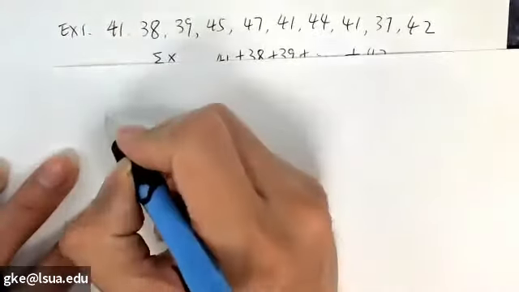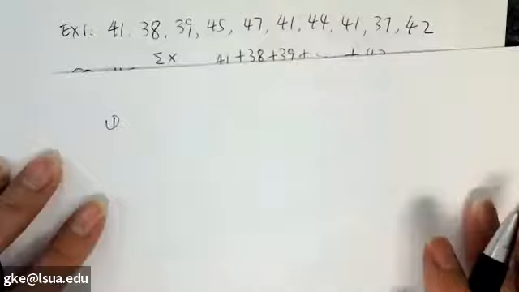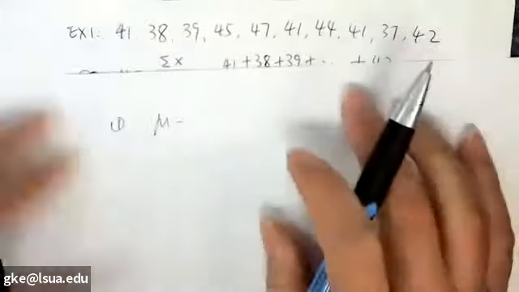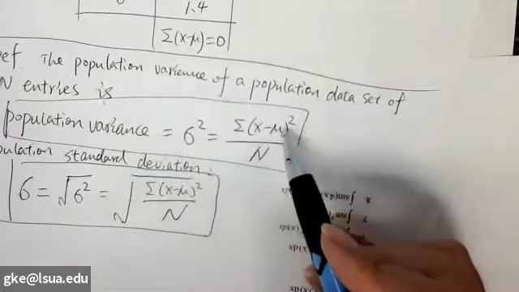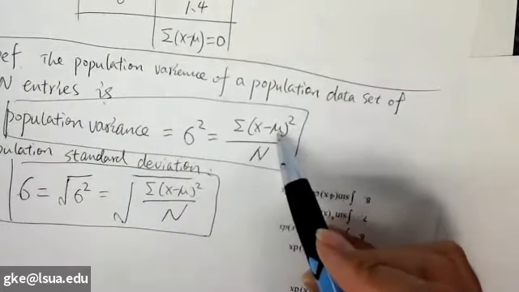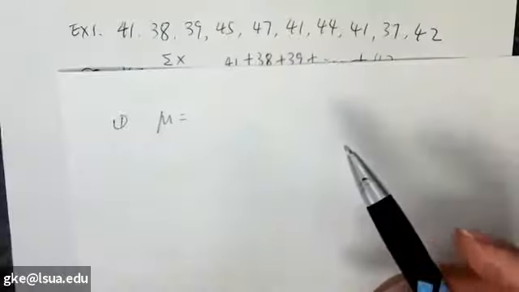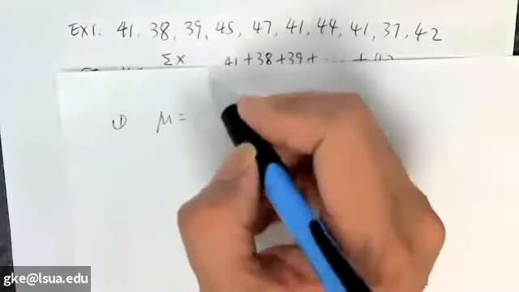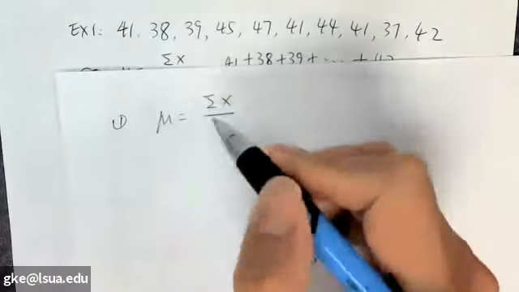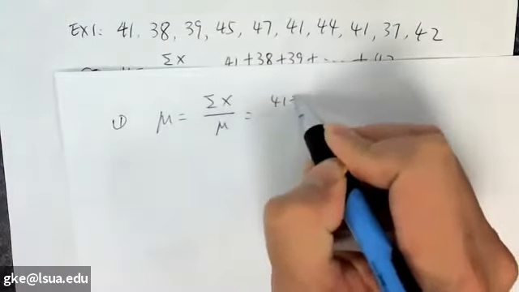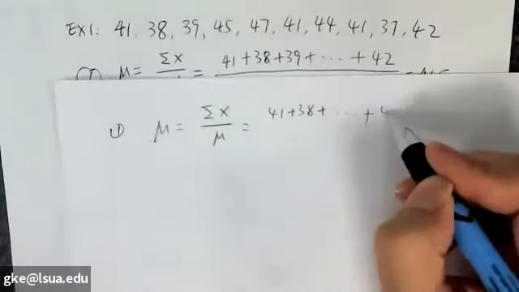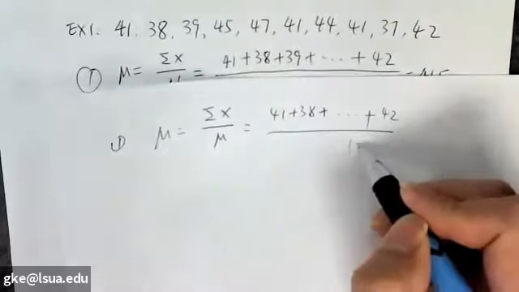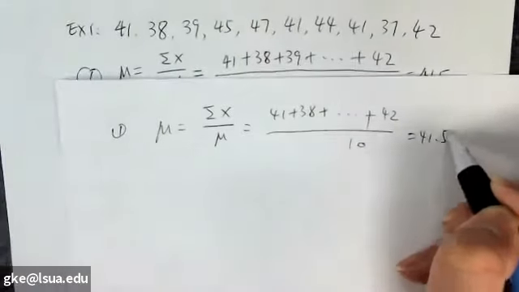The first step is still the same: we calculate mu, because in the population variance we have mu. So the first step is always to calculate the population mean. We do the same things we did before, divided by 10, and we got 41.5.